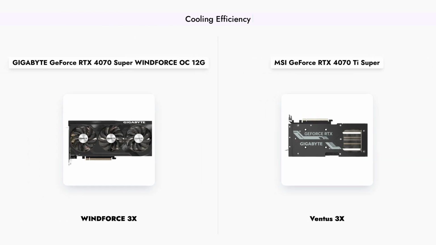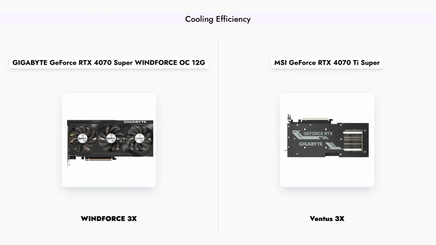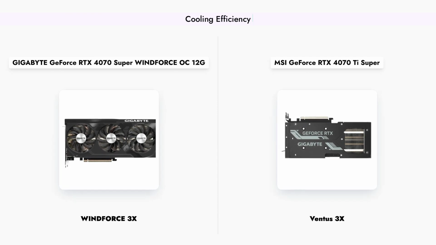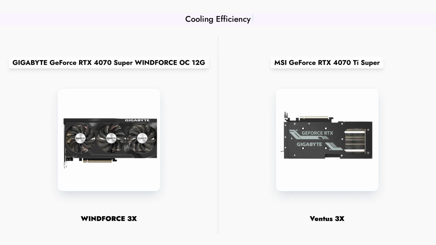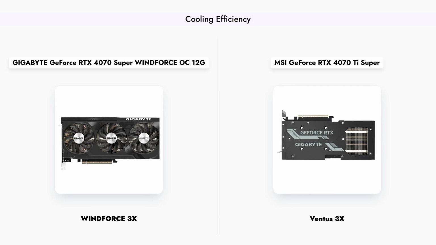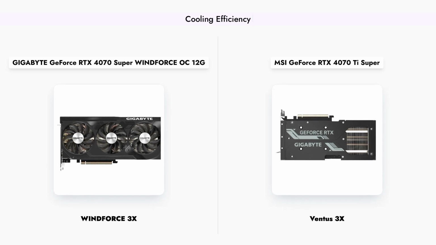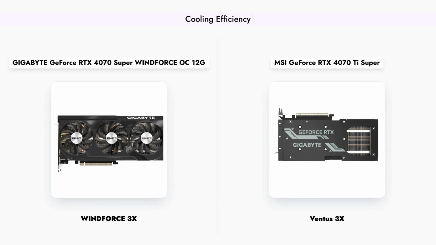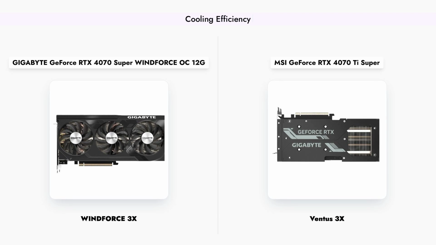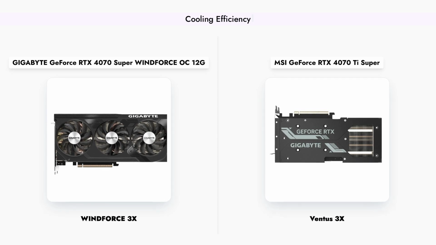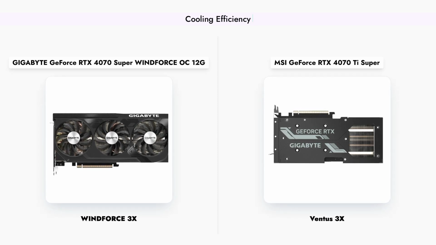Both graphics cards feature advanced cooling solutions to maintain optimal temperatures during intense gaming sessions. The GIGABYTE GeForce RTX 4070 Super utilizes the WINDFORCE 3X cooling system, which is known for its effective heat dissipation. Meanwhile, the MSI GeForce RTX 4070 Ti Super is equipped with the Ventus 3X cooling system, designed to provide superior airflow and cooling efficiency.